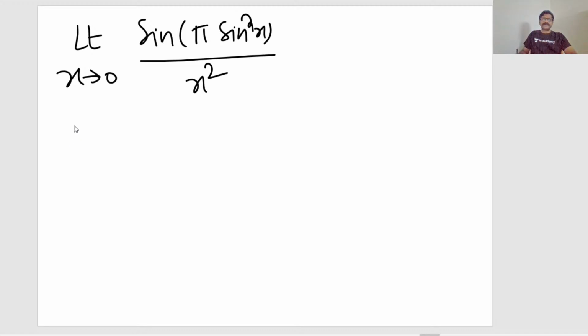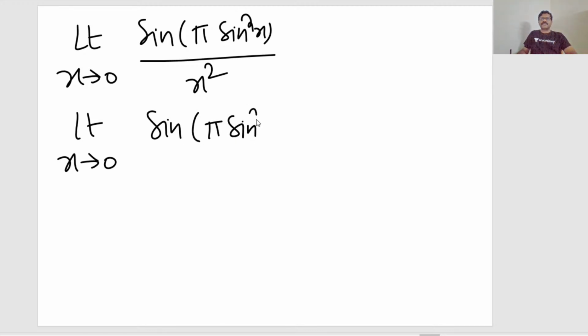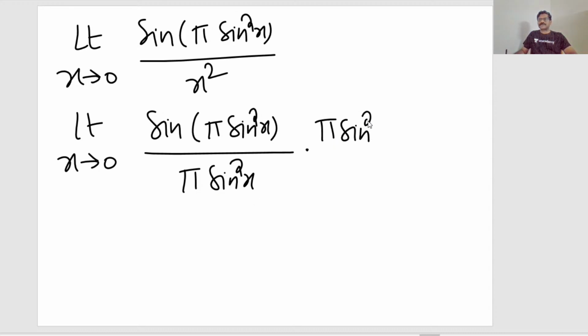This can be written as limit x tends to 0, sin(pi sin²x) by pi sin²x. I have divided with pi sin²x, that's why I am going to multiply with pi sin²x by this x square.